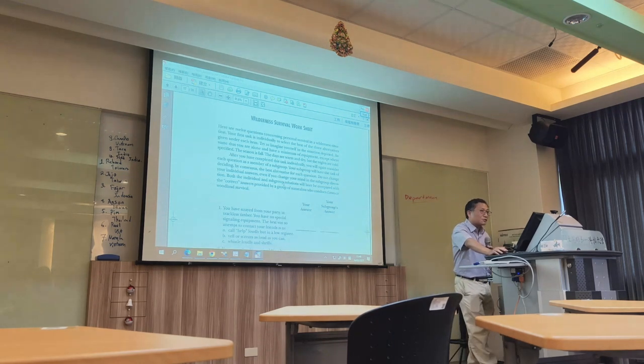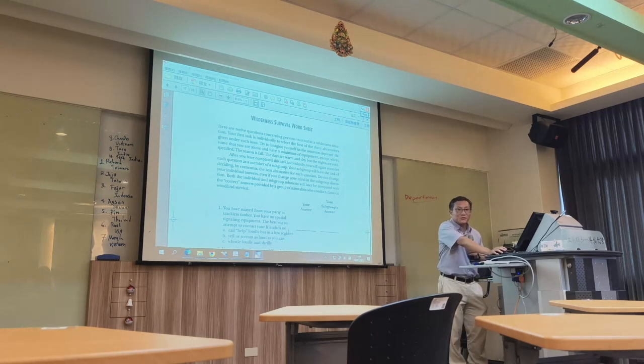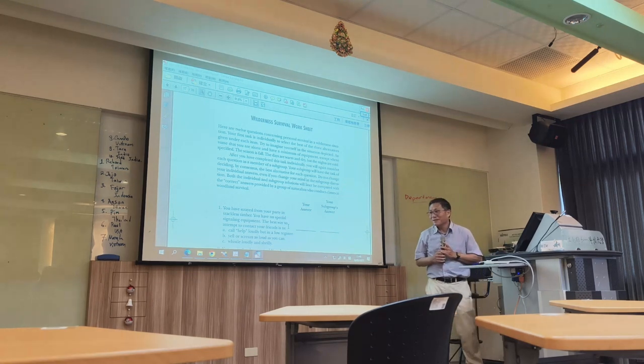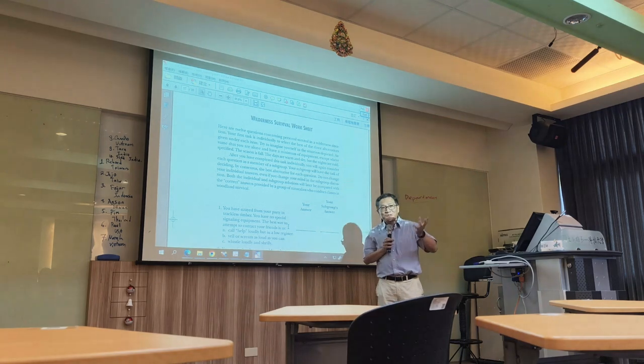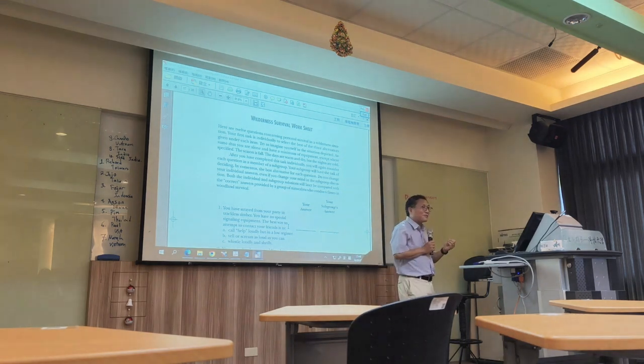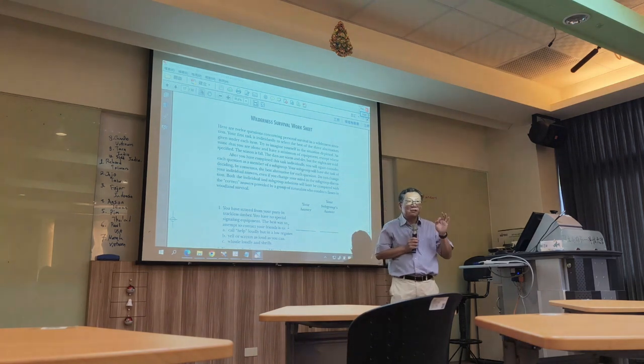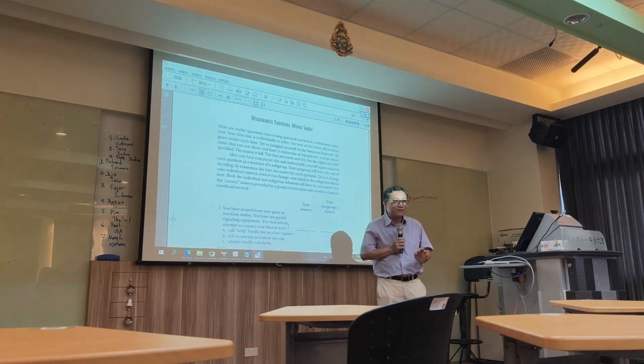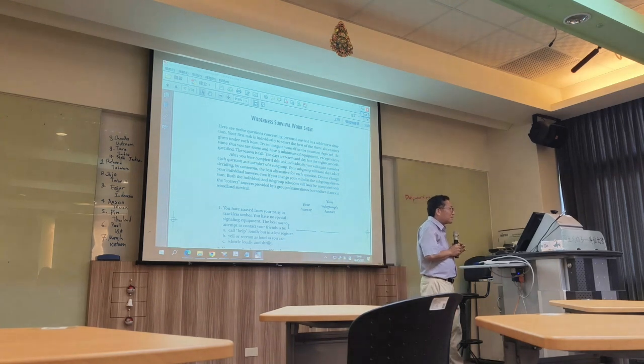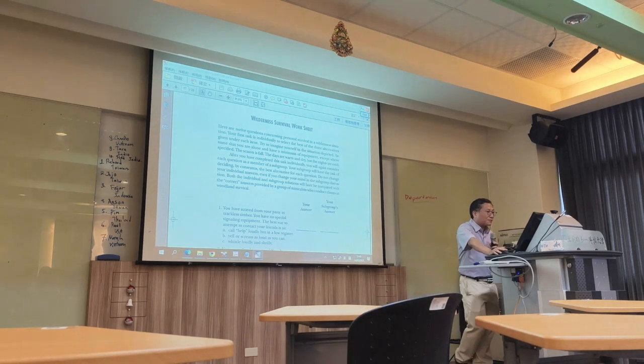After you read the story, you answer the questions to the best of your ability. Don't worry if you don't have wilderness skills, because the most important thing is how your group achieves consensus. That's the most important thing. Let me explain the worksheet to you. There are 12 questions concerning personal survival in a wilderness situation.